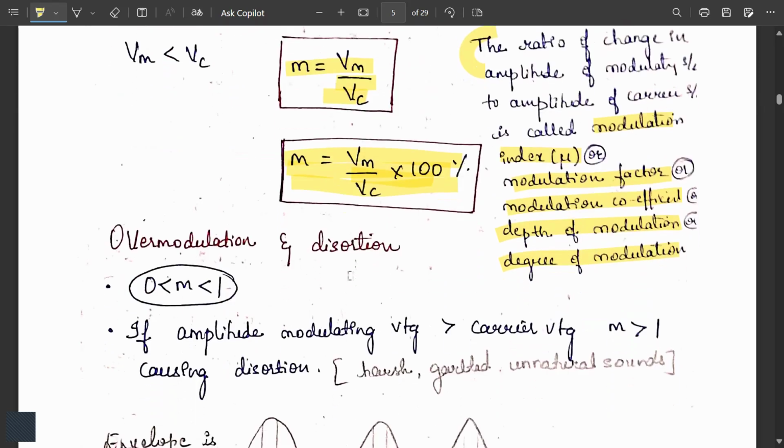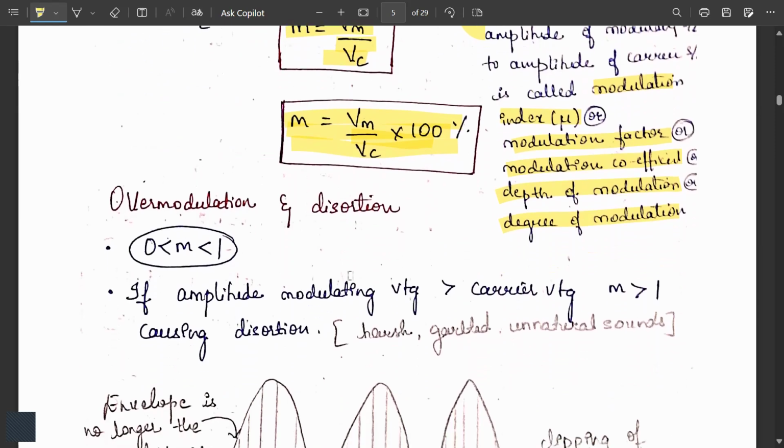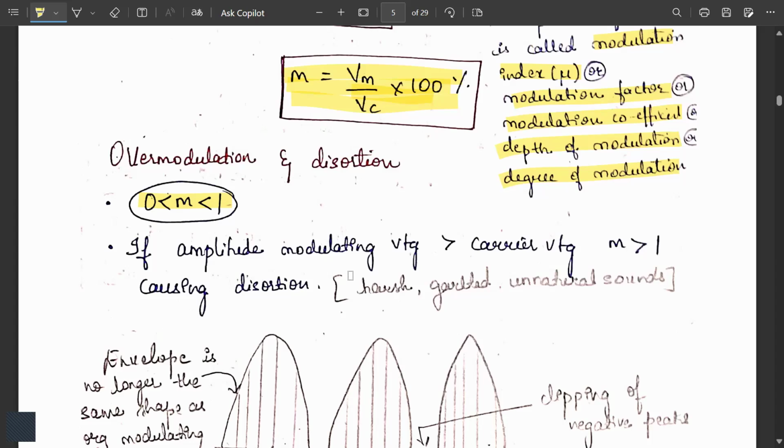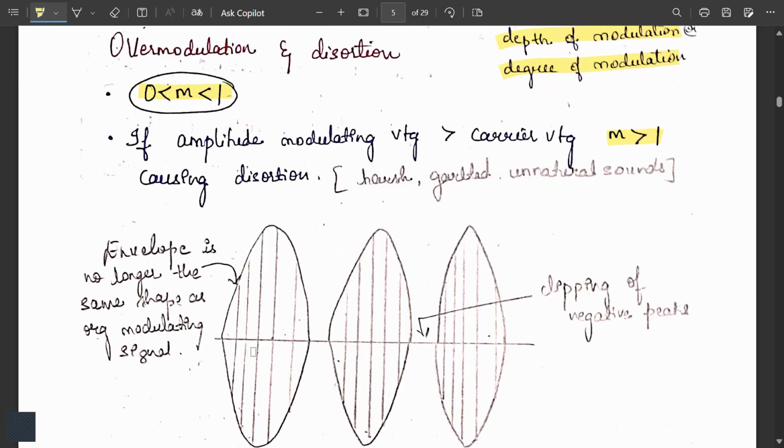You have to explain the case of over modulation and distortion. Actually the modulation index should be less than 1 and greater than 0. This condition has to be obeyed. If it is reversed, that is if m is greater than 1, that causes distortion. Distortion means we get a waveform like this, which is an unnatural sound.